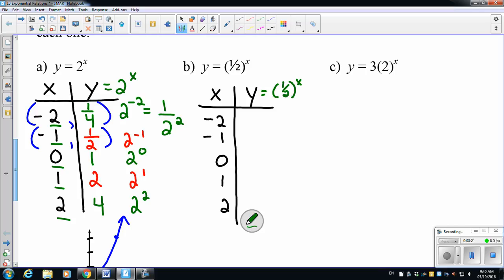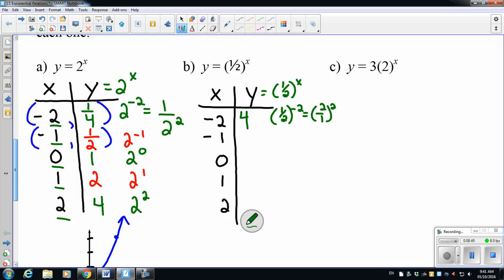So for the first one, I'm going to take out the x and put an exponent of -2. We know that negative exponents flip the base and make the exponent positive. So I really have 2/1 to the exponent 2. And 2/1 to the exponent 2 would give me 4. And there's my first point, over -2, up 4.